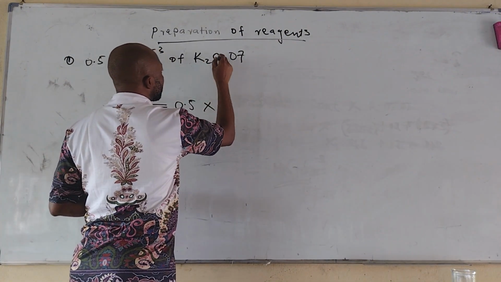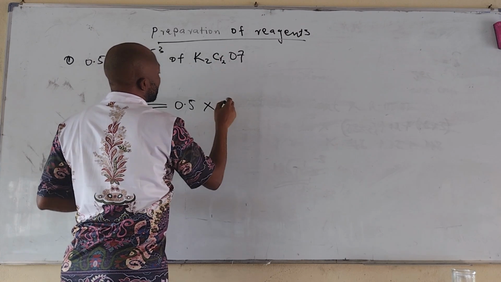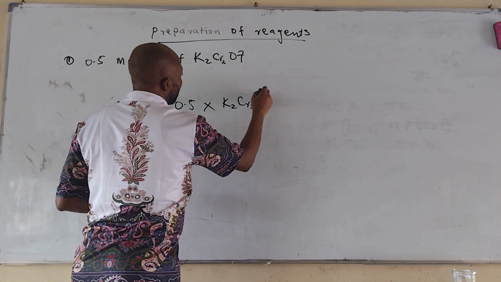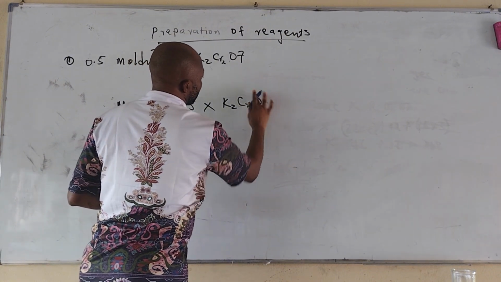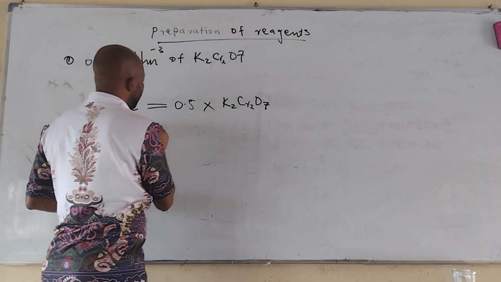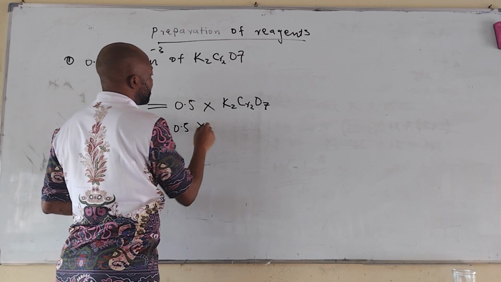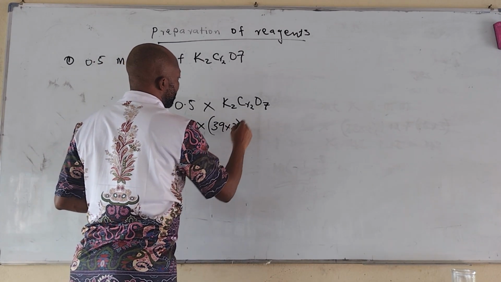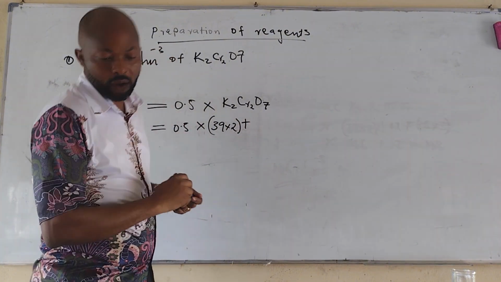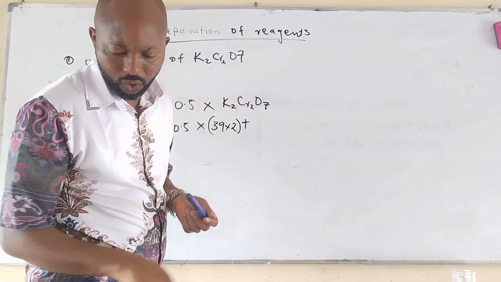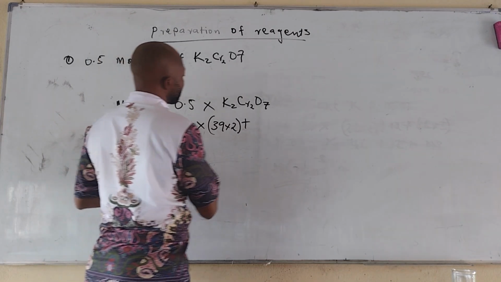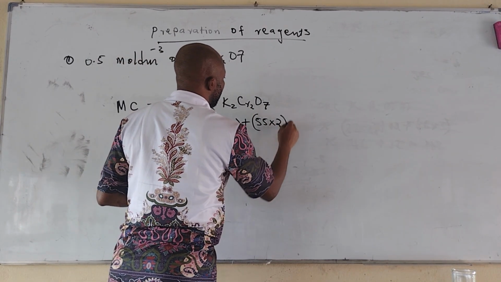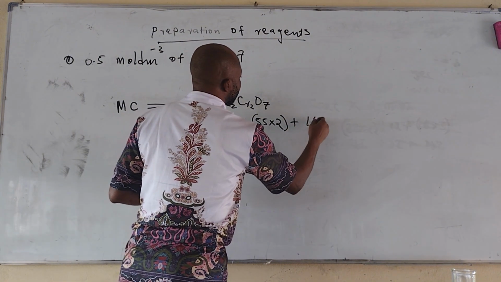This is potassium dichromate, K2Cr2O7. And this is 0.5 times, potassium is 39 times 2, plus chromium is 55 times 2, plus oxygen is 16 times 7.